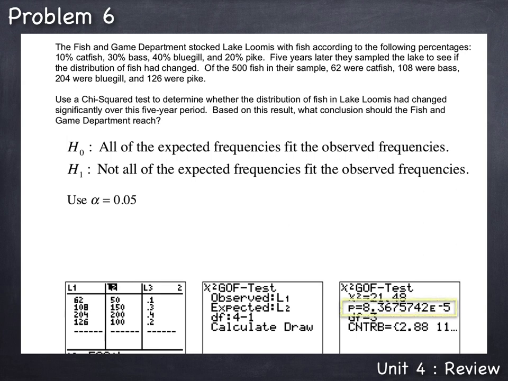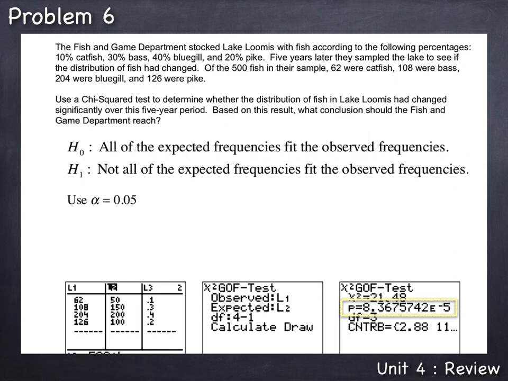So the p-value for this problem is equal to 8.367 e minus 5. The e minus 5 means that the decimal place between the 8 and the 3 needs to be moved 5 places in the left or the negative direction. So we'll have 5 zeros, as in 0.00008367.